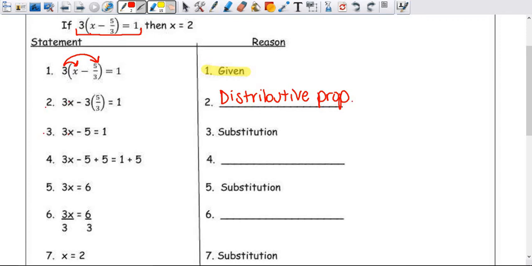So they multiplied out that 3 times 5/3, and they called that the substitution property because those are equivalent values. 3 times 5/3 equals 5, so they can substitute that value in. Now from step 3 to step 4, we have 3x minus 5 plus 5 equals 1 plus 5. Now this plus 5 was what was added to this step. Since we were adding 5, we have the addition property.